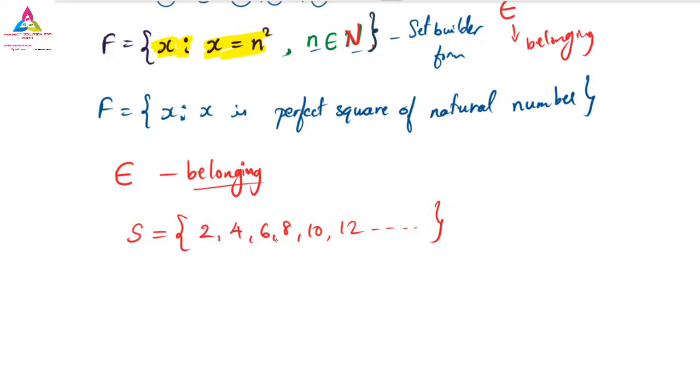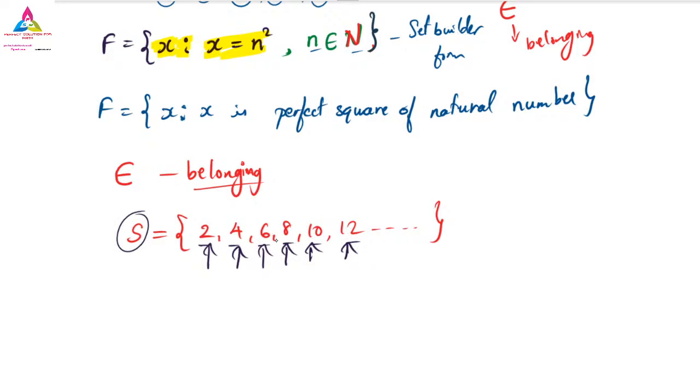These numbers I have written are called the elements. 2, 4, 6, 8, 10 and 12 are called the elements, and most importantly, these are the elements of which set? That is, elements of S.